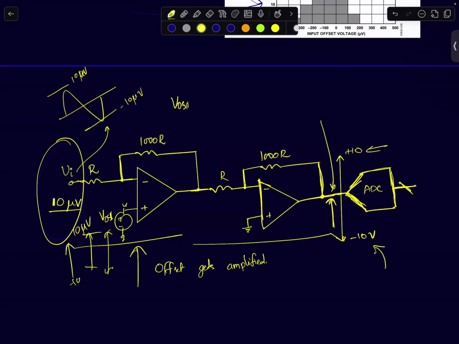The input of the ADC. I'm talking about this point here. This is the point I'm interested in. This is VOS1. I've given you the feedback resistor values. Approximately, you can give me a rough number. By what factor will this offset be amplified?